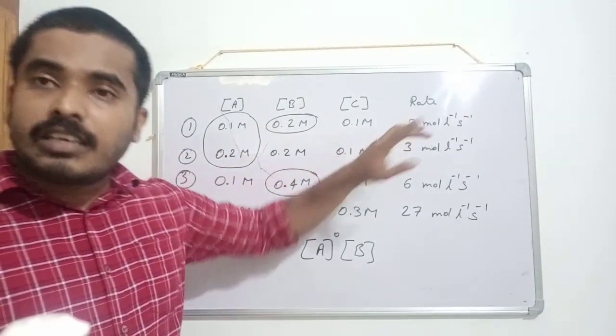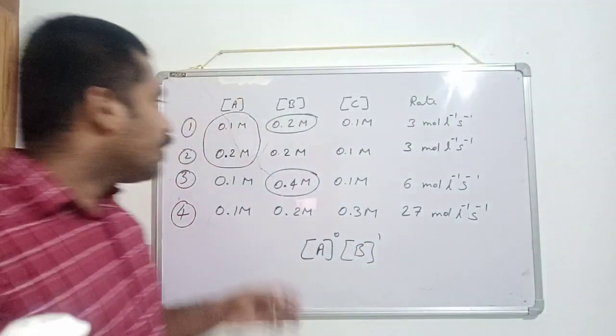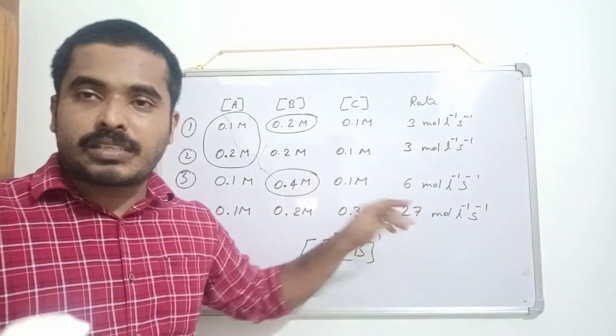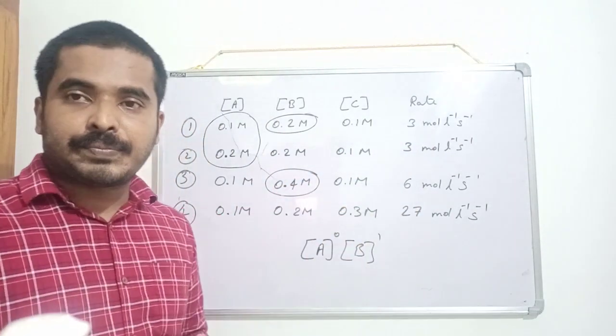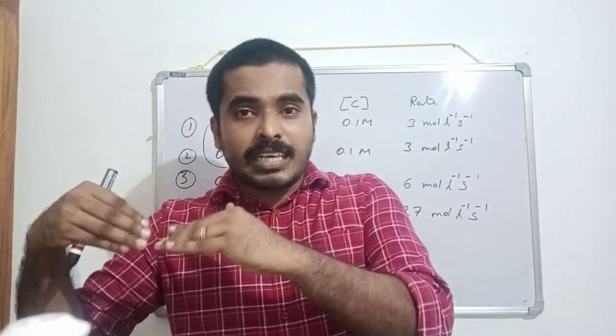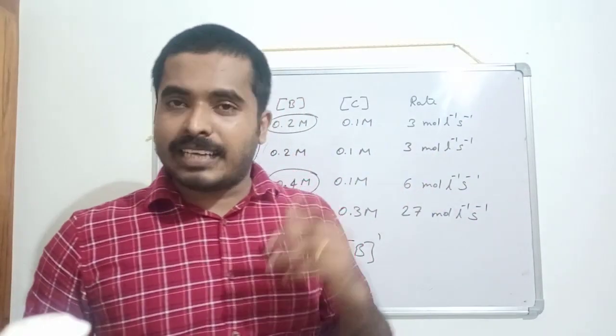What about rate? Rate is also doubling. So that is power 1. So whenever the power is 1, that means concentration doubles, rate doubles. Concentration triples, rate triples. Like that.